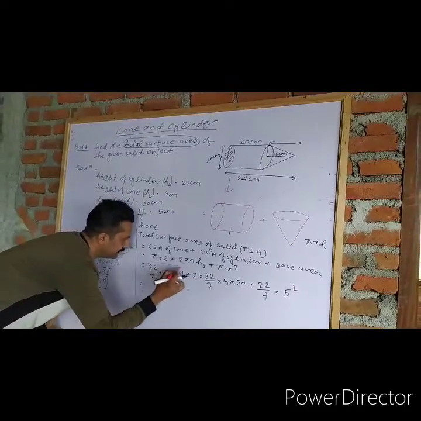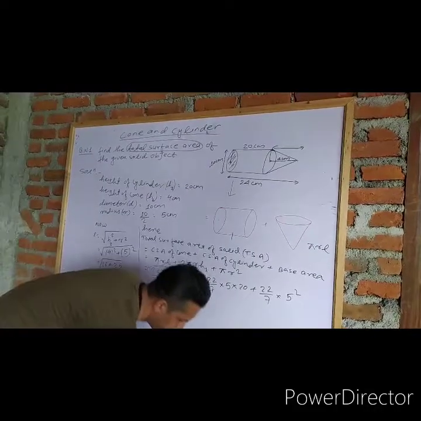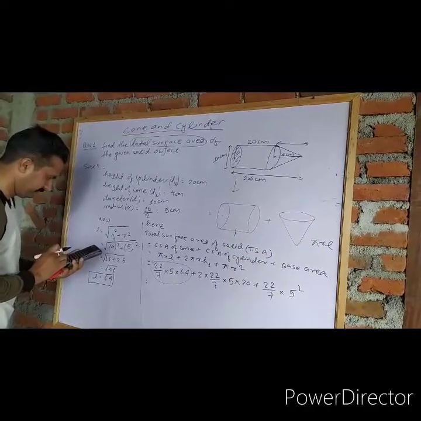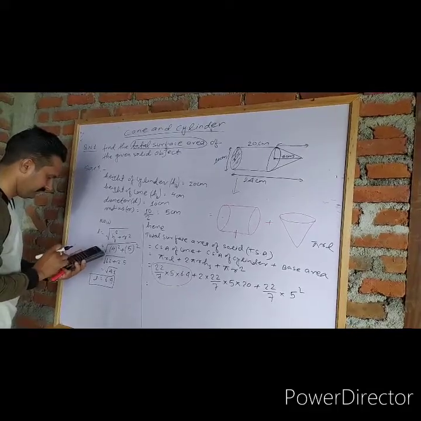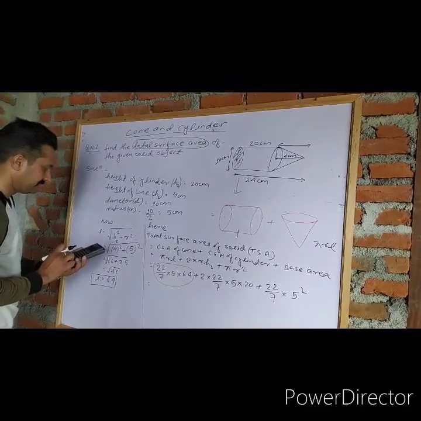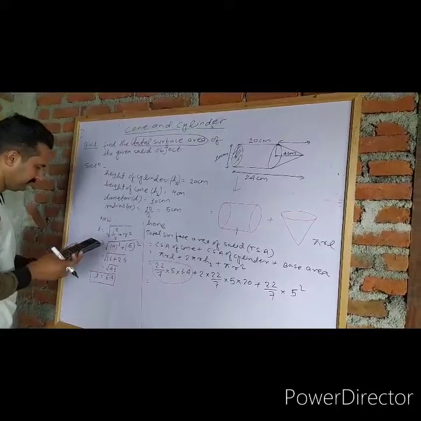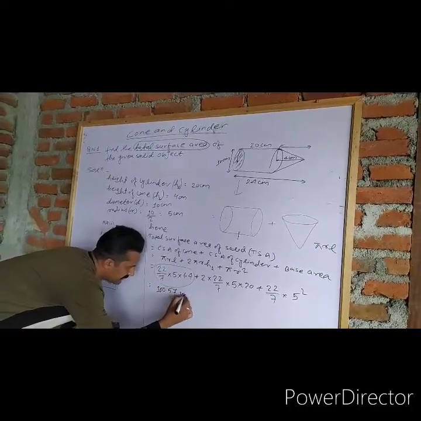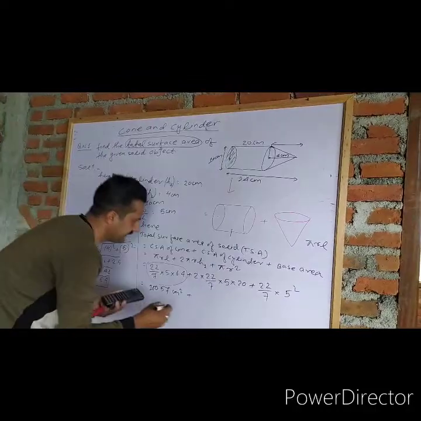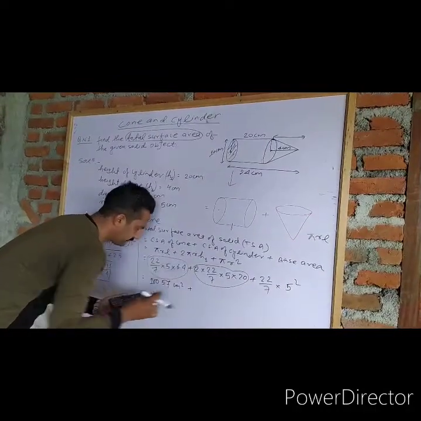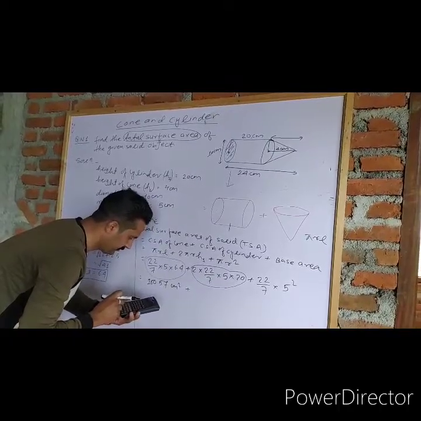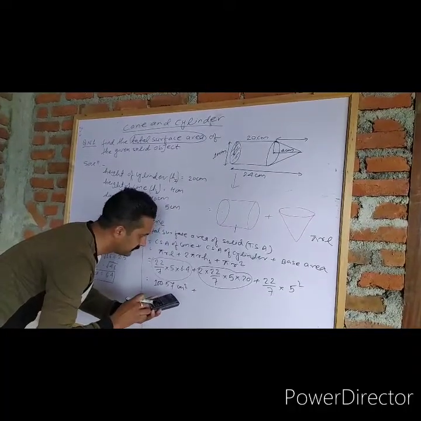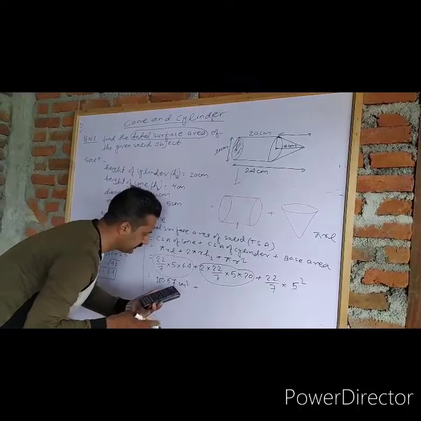Multiply this: 6.4 into 5 into 22 divided by 7, that is 100.57 centimeter square, plus, and here multiply this: 2 into 22 into 5 into 20 divided by 7.